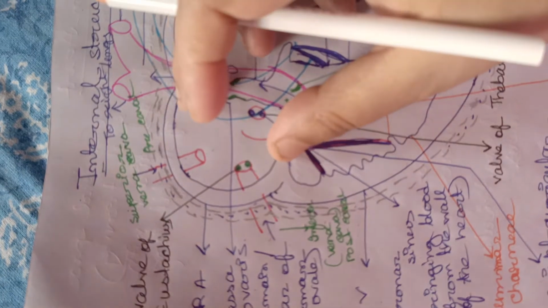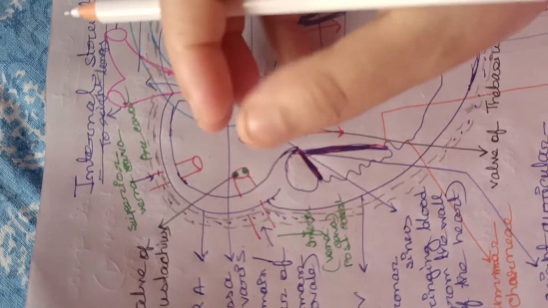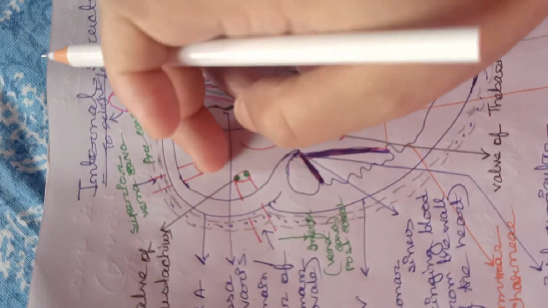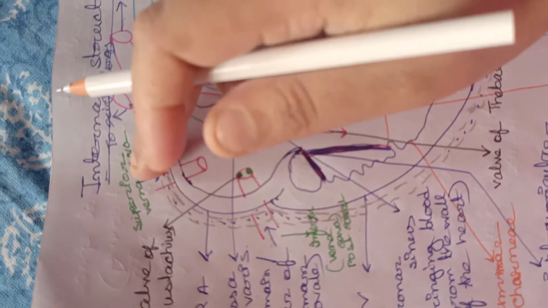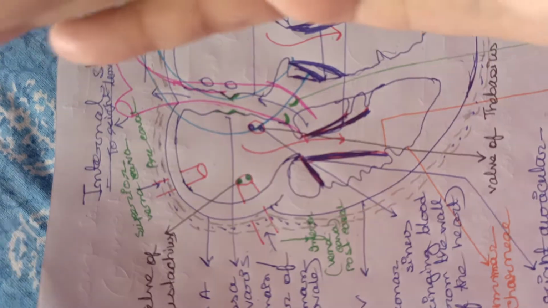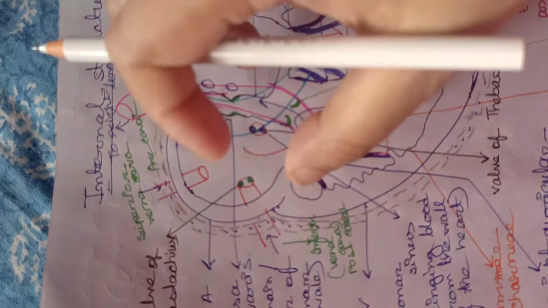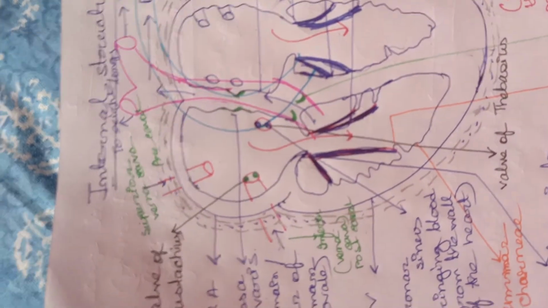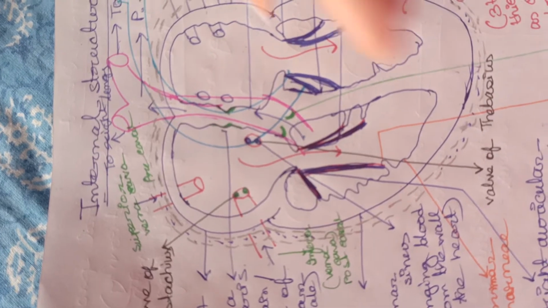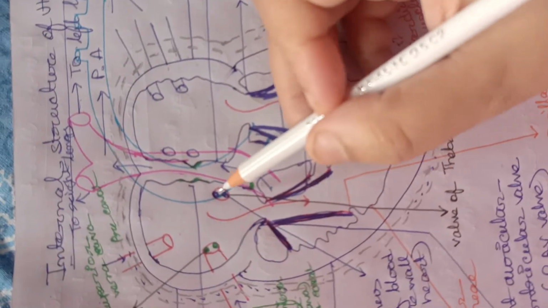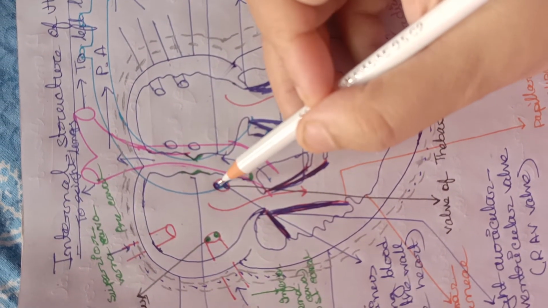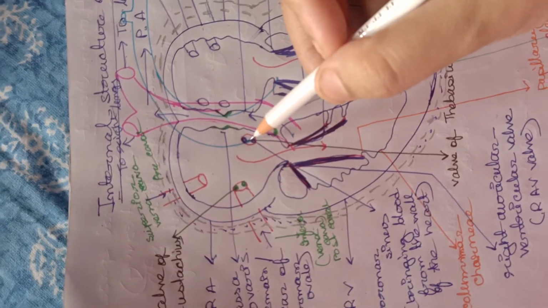When the auricle contracts, the blood will not go in the opposite direction because it is located at an angle, so when this auricle squeezes or contracts, the blood will not go in a backward direction.